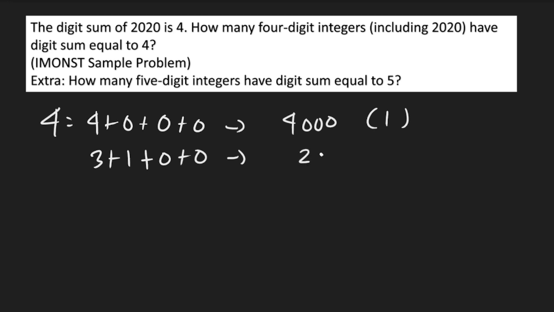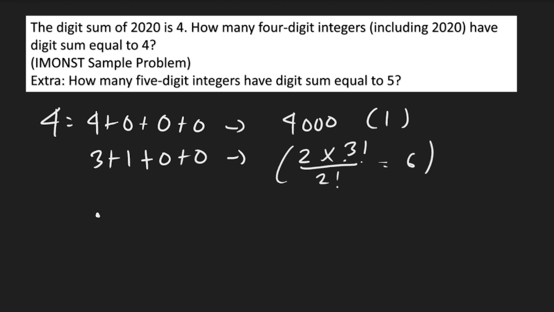And then for the remaining, we have 3 factorial: for the second slot we have 3, for the third slot we have 2, and for the last slot we have only 1 choice. I simplify this to become 3 factorial. However, we have repetitions, which is the 2 zeros, so we need to divide by 2 factorial. So we have 2 times 3 factorial divided by 2, we get 6.